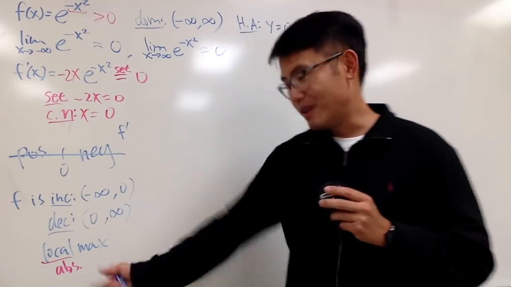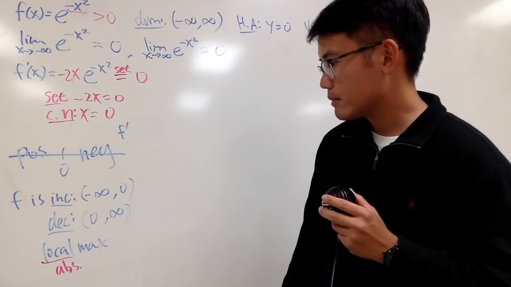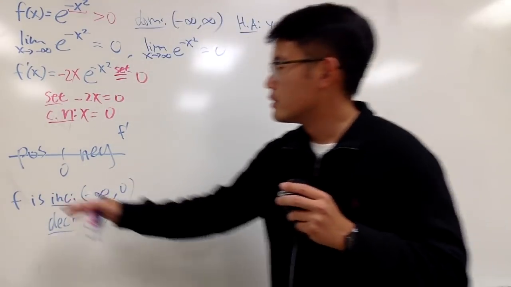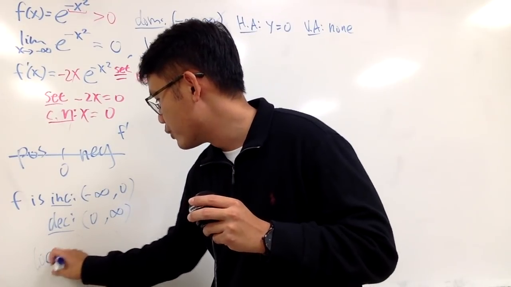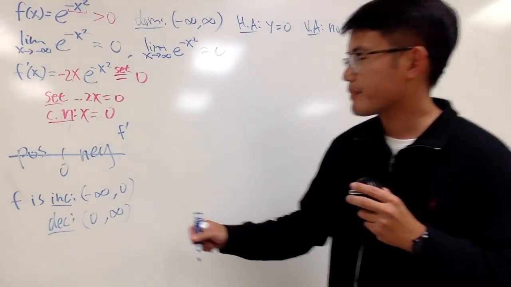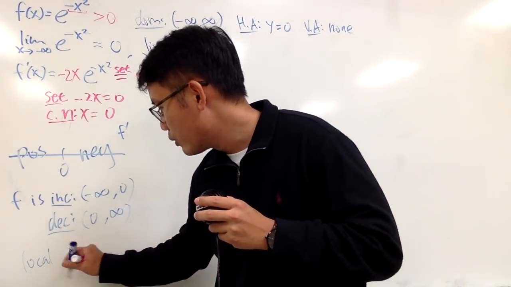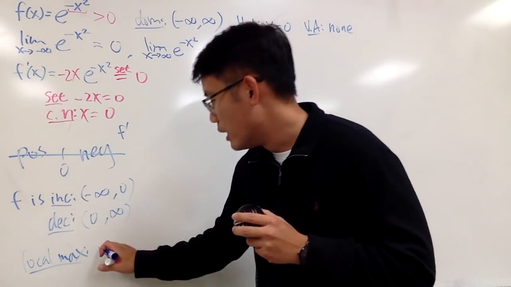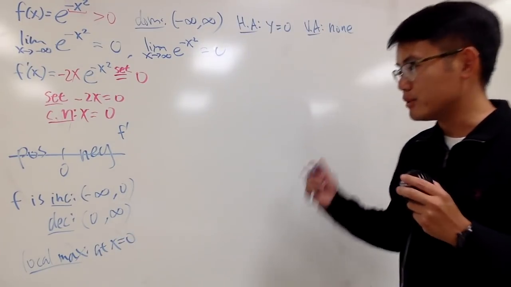Not all the local max are absolute max. So we have a local maximum at x equal to 0. So let me just write that down. Local max. And in fact, this local max happens to be the absolute max as well. But I will just write down local max at the moment. You guys will see this will be the absolute max as well.